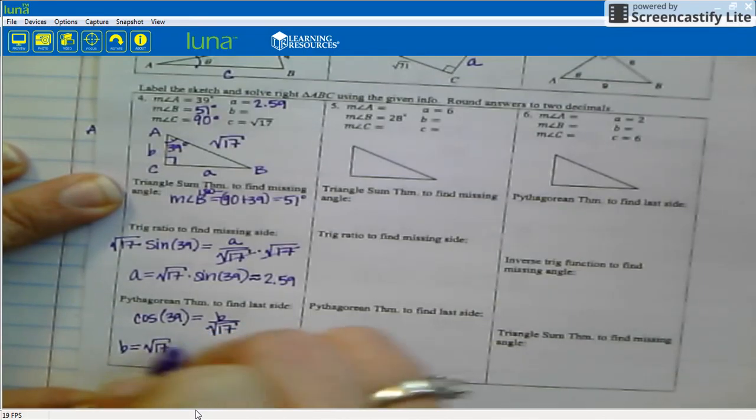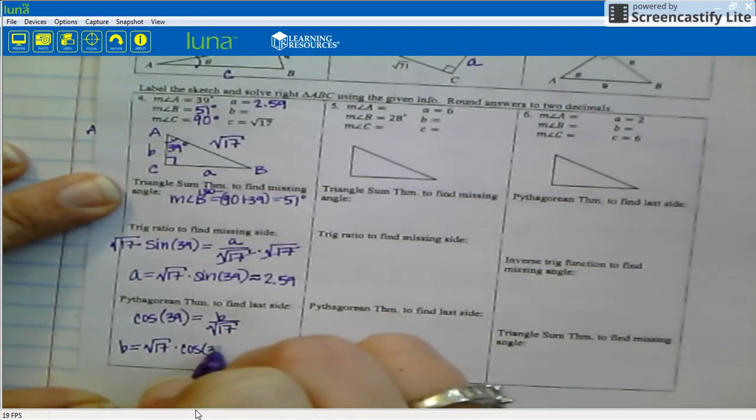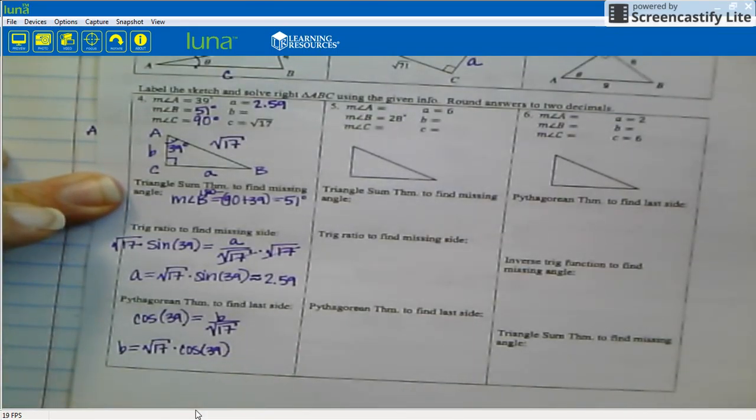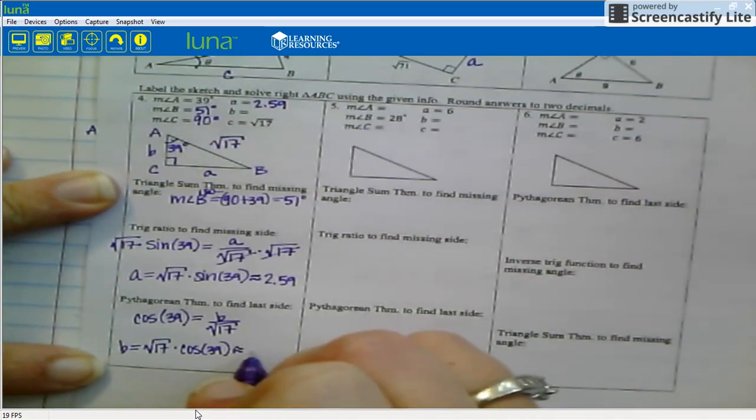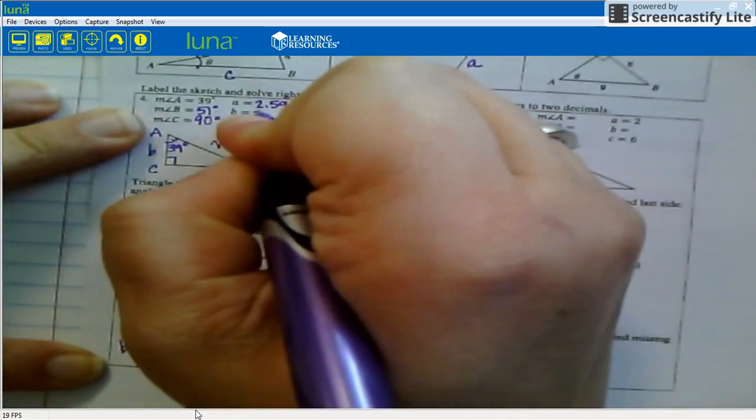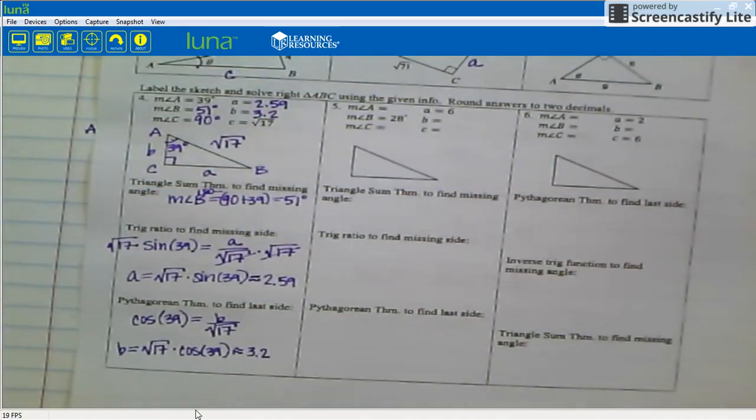So this b is equal to the square root of 17 times the cosine of 39. Okay, so this gives you approximately 3.2, which if you set it up using the Pythagorean theorem, you'll end up in the same place.